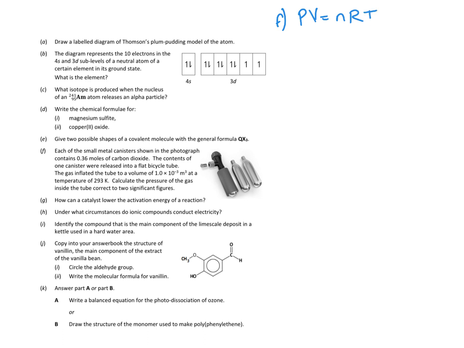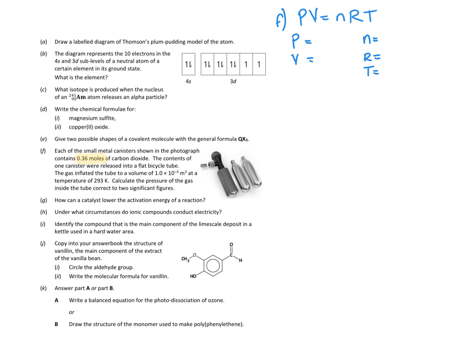If you take a look at part F, they tell you about the number of moles, so you are going to be using your ideal gas law. When we're doing this, I always write out each part of the formula and try to fill them in.